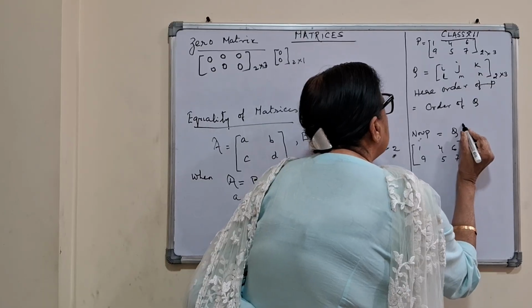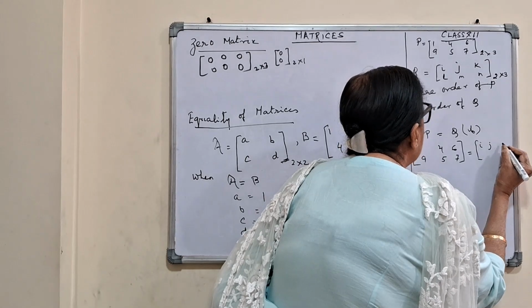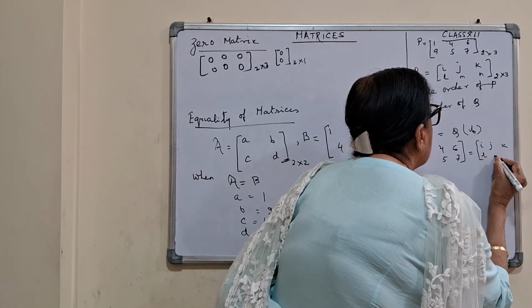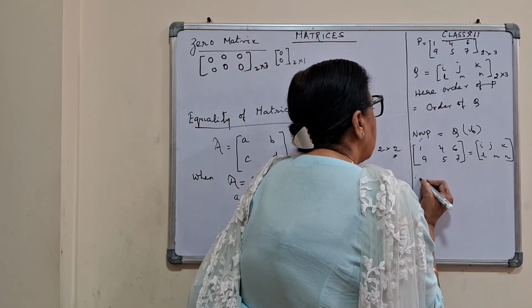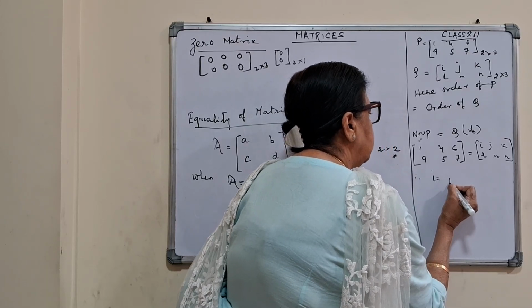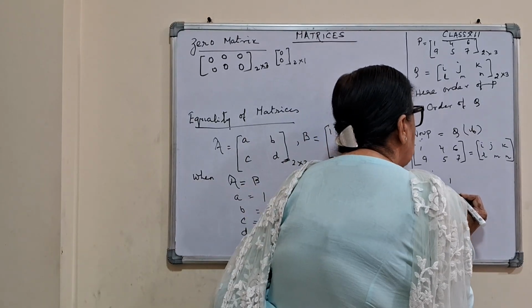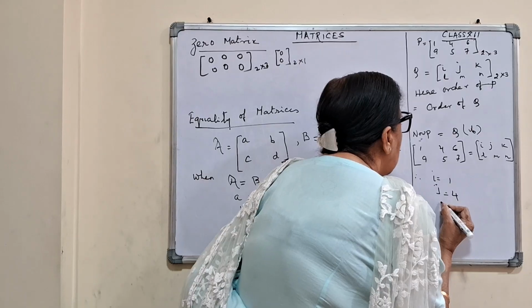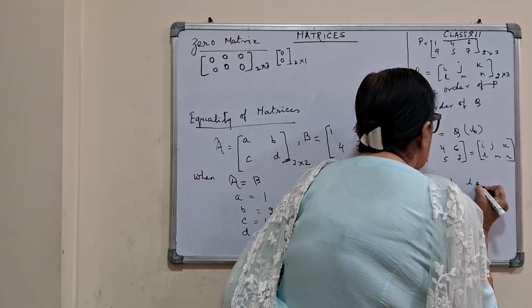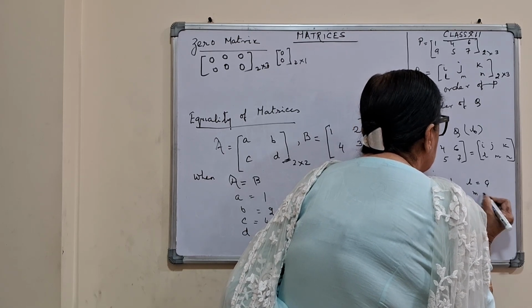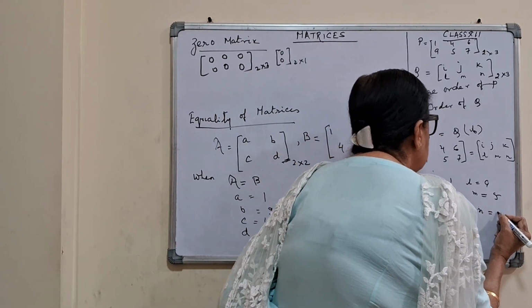Now if this is I, J, K, L, M, N, then I is equal to 1, J is equal to 4, K is equal to 6, L is equal to 9, M is equal to 5, and N is equal to 7.